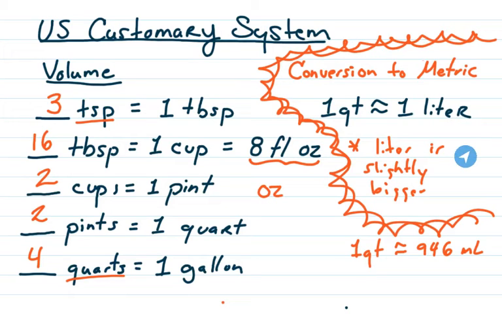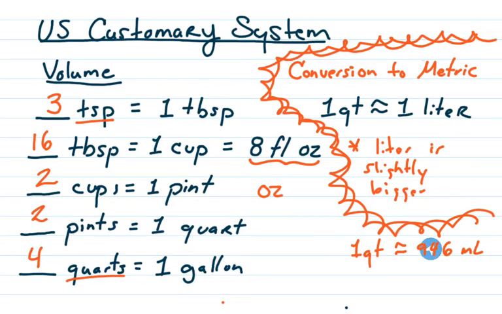Okay? A liter is actually a little bit bigger. Okay? 1 quart is actually 946 milliliters. Or it's approximately, this is more accurate, but there's a decimal and some numbers behind it. But 1 quart is approximately 946 milliliters.